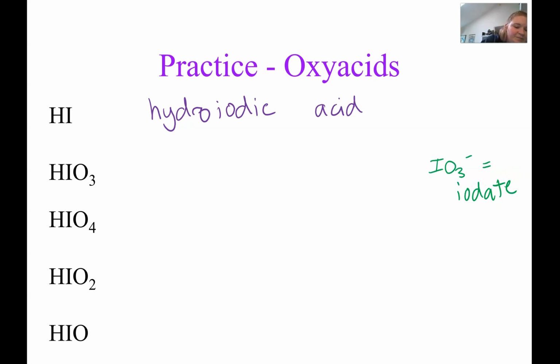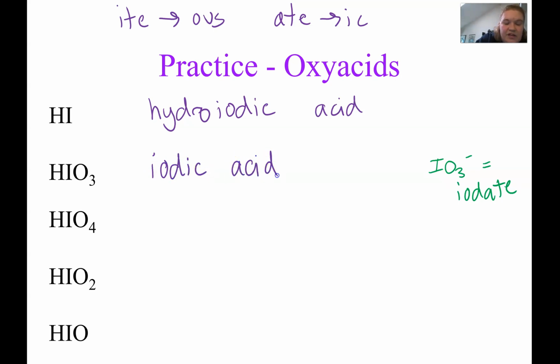We'll start there. So that means that if the white mouse ate icky cheese, ate becomes ic. So this is iodic acid. Now notice how similar those two names are, hydroiodic acid and iodic acid. One of them doesn't have oxygens, one of them does, but very different names.